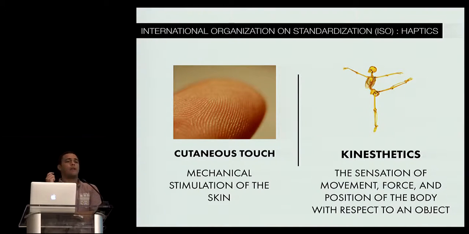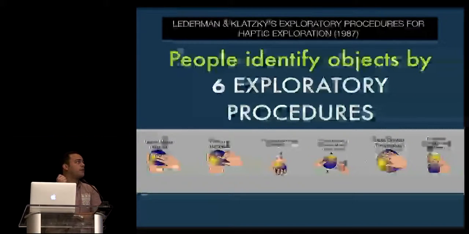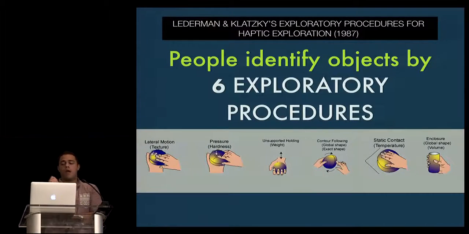We also looked at a body of literature in psychophysics, particularly this seminal work by Lederman and Klatzky, where they identified 6 exploratory procedures that humans use in order to make sense of their world. And these are lateral motion, pressure, unsupported holding, contour following, static contact, and enclosure.